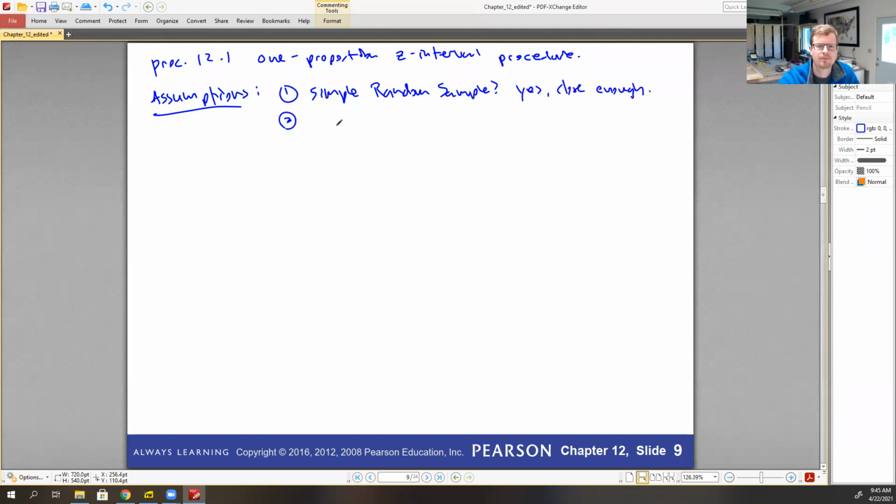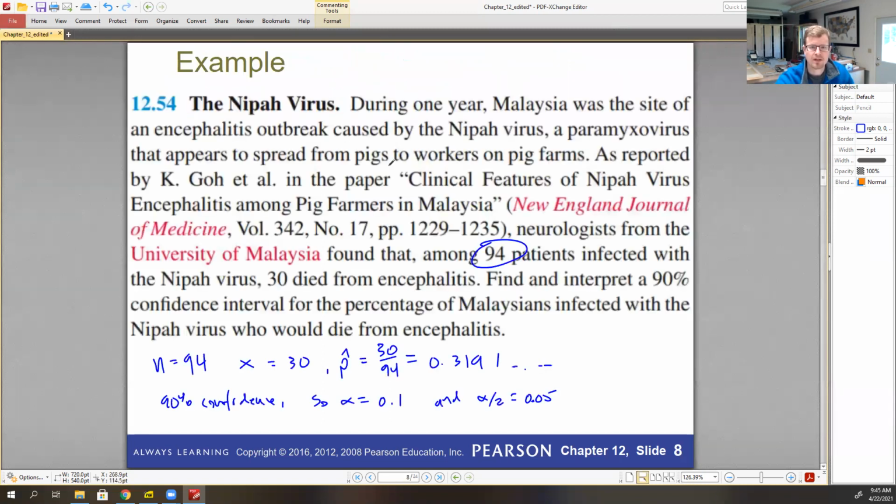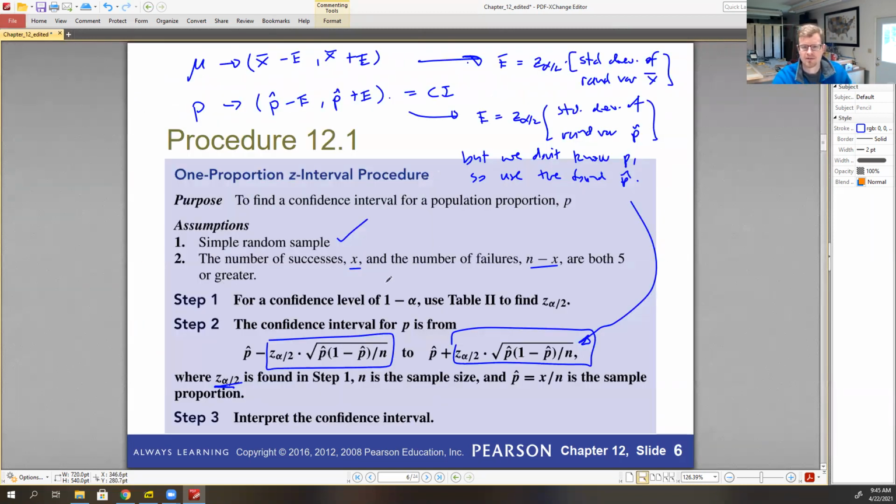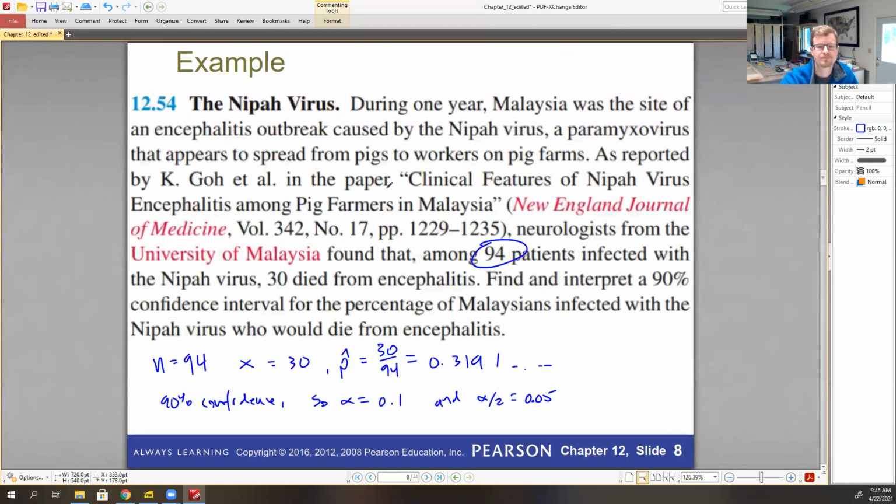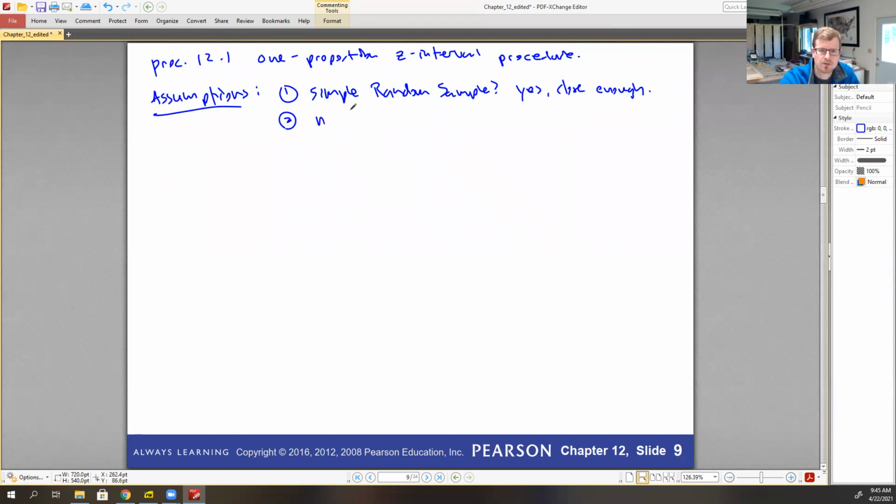All right. The next assumption that we need to verify is that the number of successes and the number of failures are both 5 or greater. So is x greater than or equal to 5 and n minus x greater than or equal to 5? Yes. The number of observations that have a desired characteristic, right?